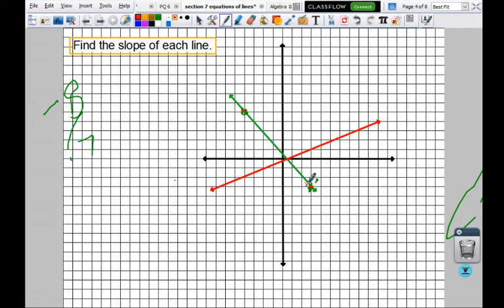Alright, and then for the next one, the last one here. The second one for us, please, Kylie. You look so guilty when I say your name. Alright, Kylie's going to do the second one for us, so draw your dots and then tell me what your slope is.